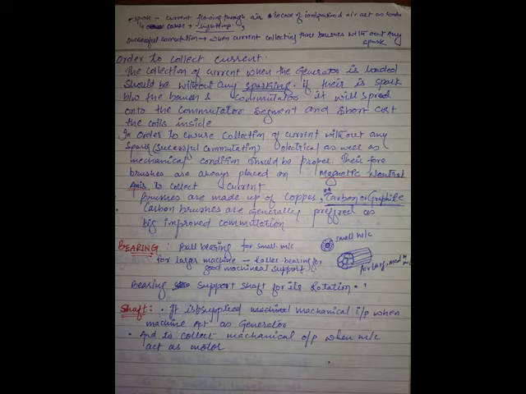Will you place here or here or here? Where you have to place, pole pitch will tell you correctly. According to the information you got from the pole pitch, if you place, then you have maximum induced EMF.